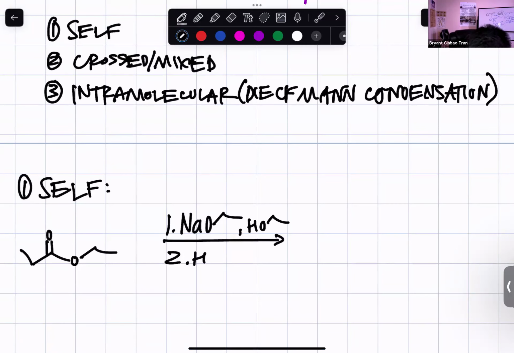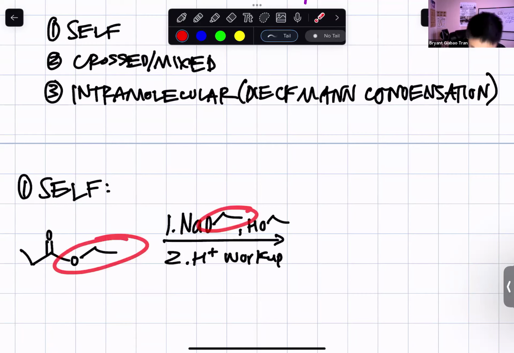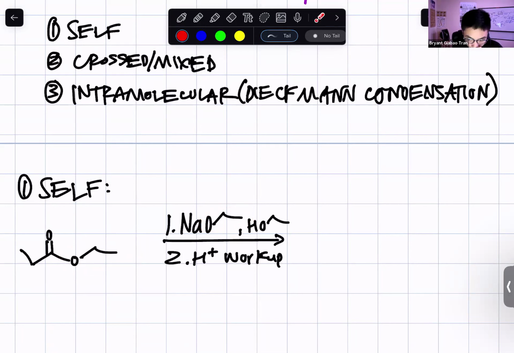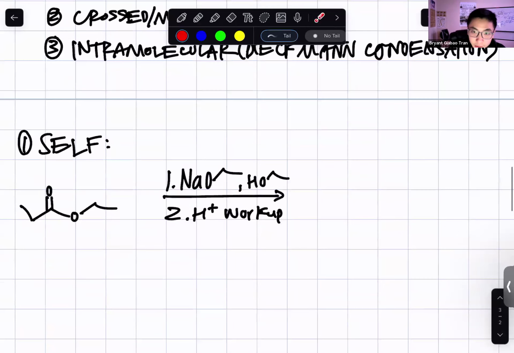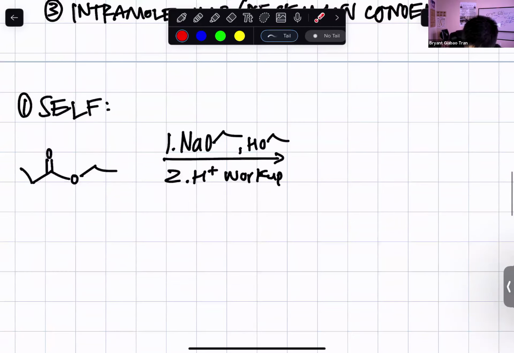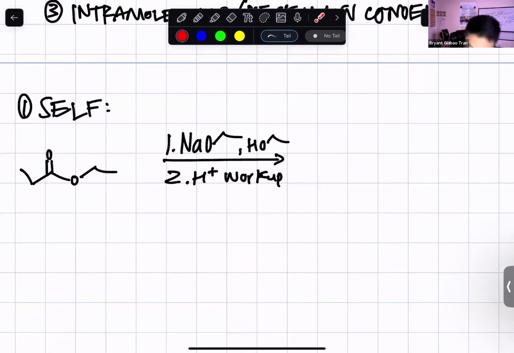Second step, acid workup, H+ workup, right? The OR group here has to be the exact same as the OR group there. And I'll explain why at the end when I go over the 3 limitations for this mechanism. And then we'll move on to the shortcut on how to predict the product quickly without having to do the whole mechanism.